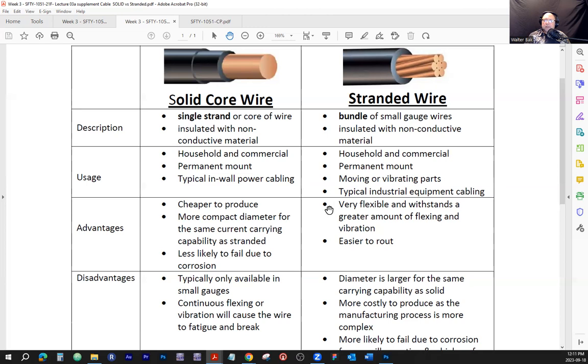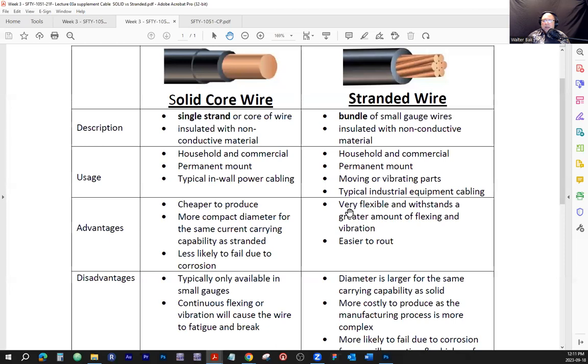Now, let's look at the advantages of the stranded. It's flexible and withstands a greater amount of flexing and vibration. That's important. In the industrial environment, where machines are connected and powered, you're going to pretty much see the stranded cable all over the place, all day long.